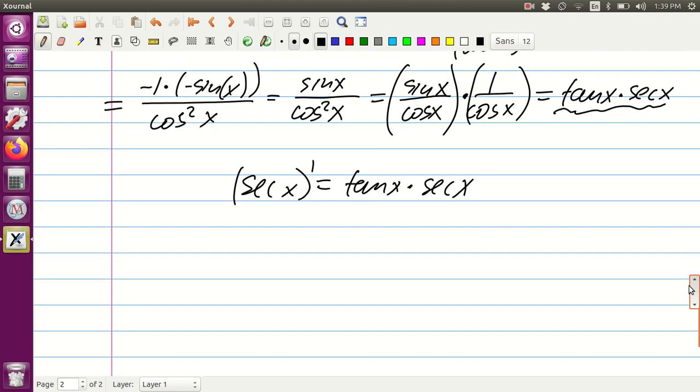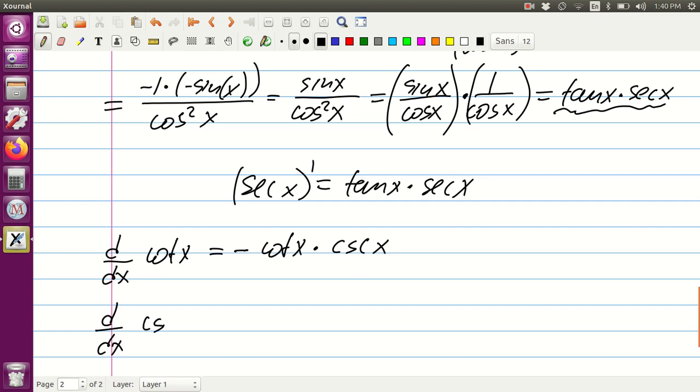Two formulas I will give without derivation, but you can try to go through them on your own. One formula is for the derivative of cotangent. I made a mistake, let me start over.